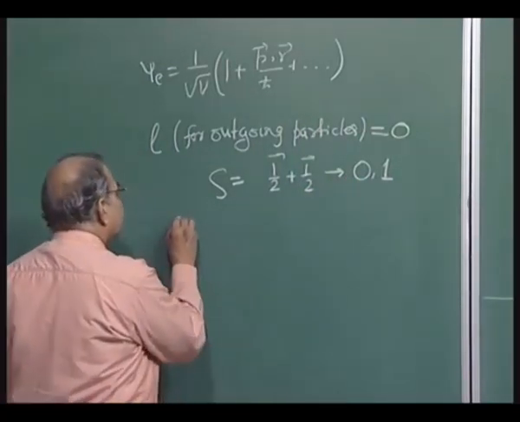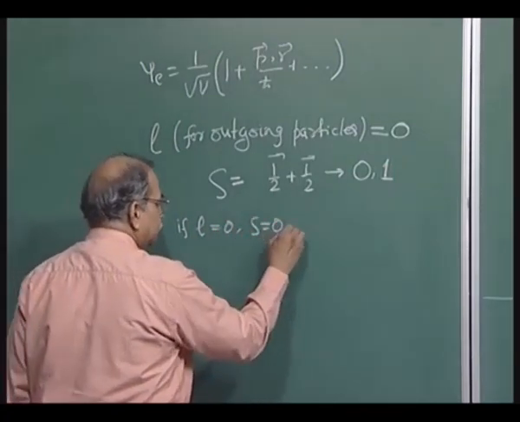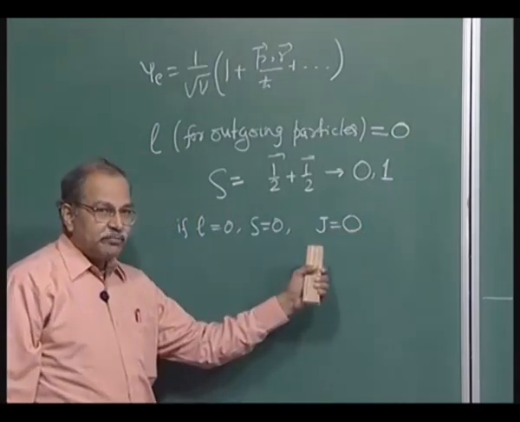So, if L is 0 and S is 0, then J is 0 for the outgoing particles.